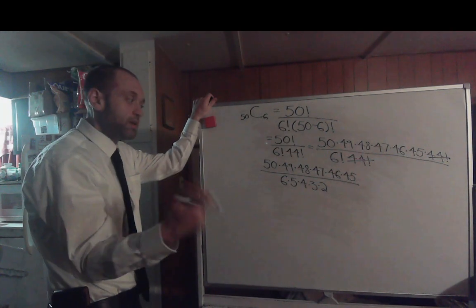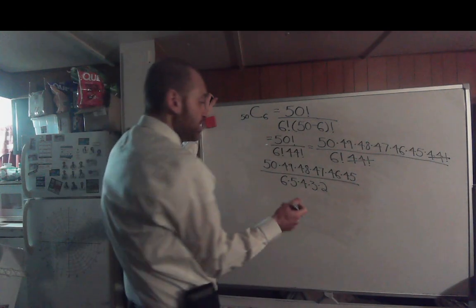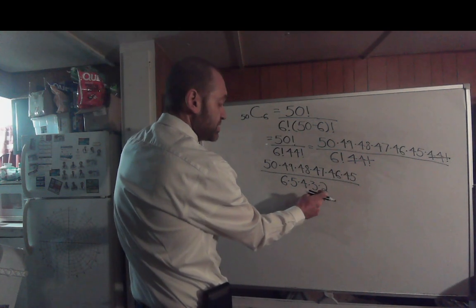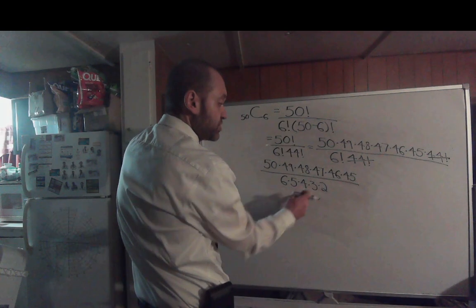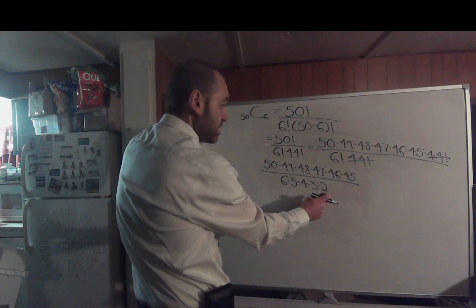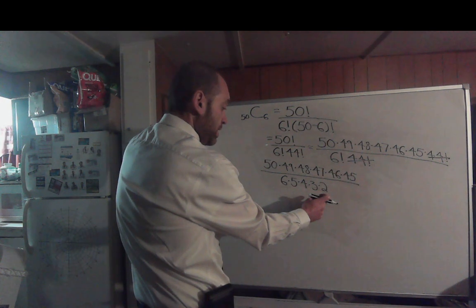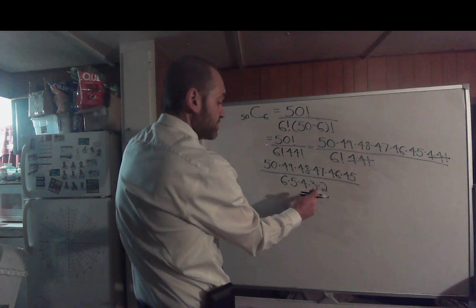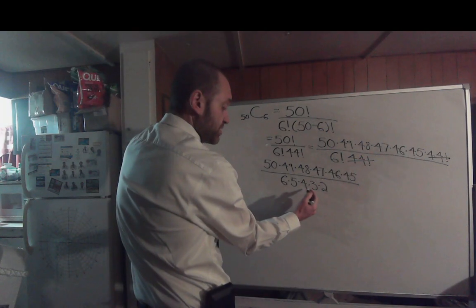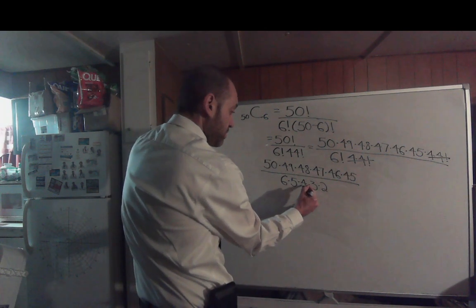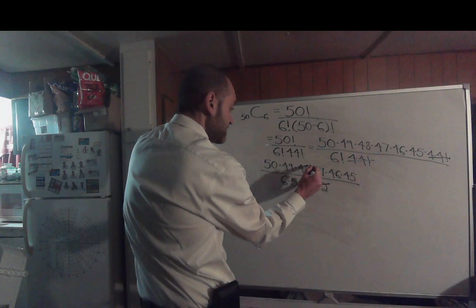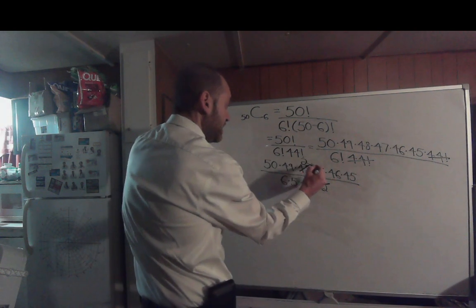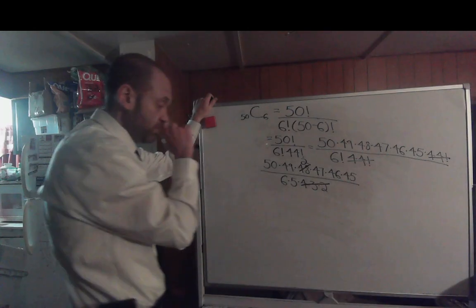You got to be a bit creative. 4 times 3 times 2 is what? That's 24. This 4 times 3 times 2 is 24. That'll go into 48 2 times. So that 48 now reduces to a 2.